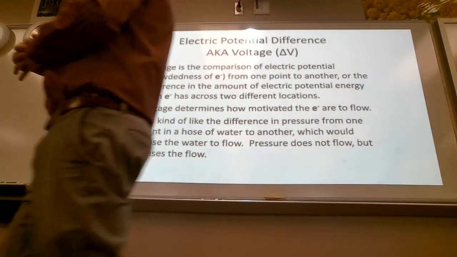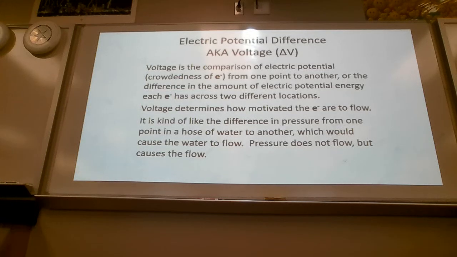And one very popular analogy that we use for circuits is water flowing through pipes or hoses. So voltage, electric potential difference, is the biggest idea that we're drawing from last chapter.